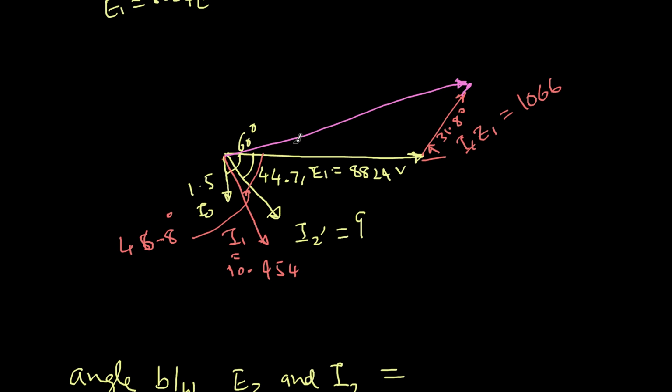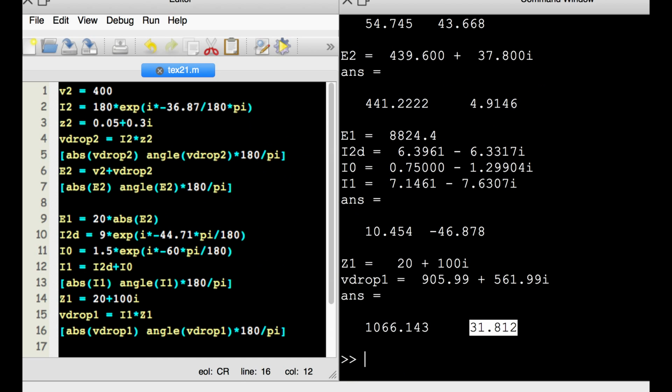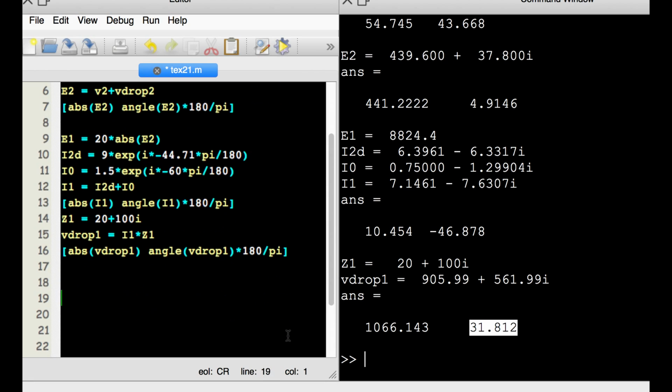So now the addition of these two will be my V. Let's just join this. So this is V1, addition of E1 and V drop. So let's do that. V1 equal to E1 plus V drop 1.